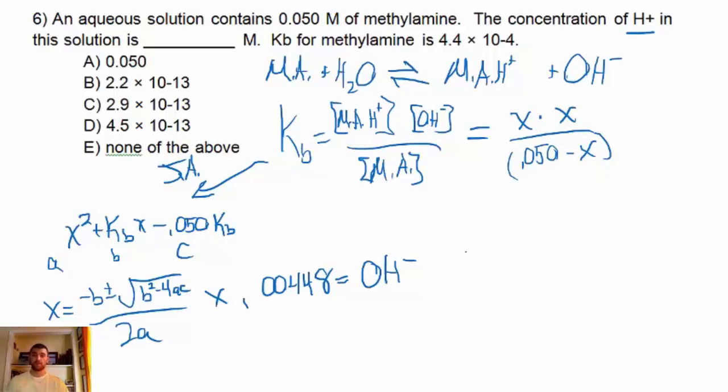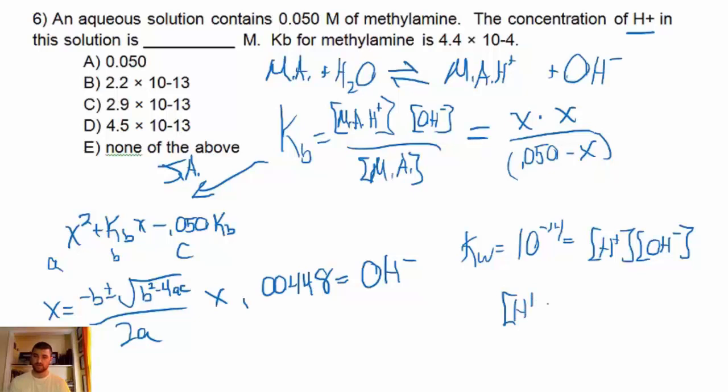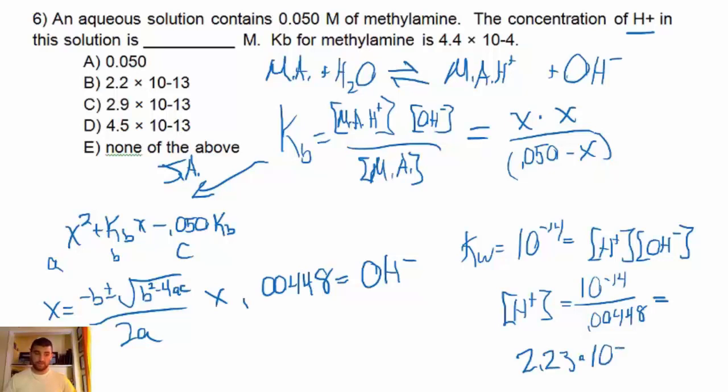So we know that Kw is 10 to the minus 14, which equals concentration of H plus times OH minus, and I know OH minus, so when I rearrange this, concentration of H plus equals 10 to the minus 14 all over 0.00448, and you get 2.23 times 10 to the minus 12.